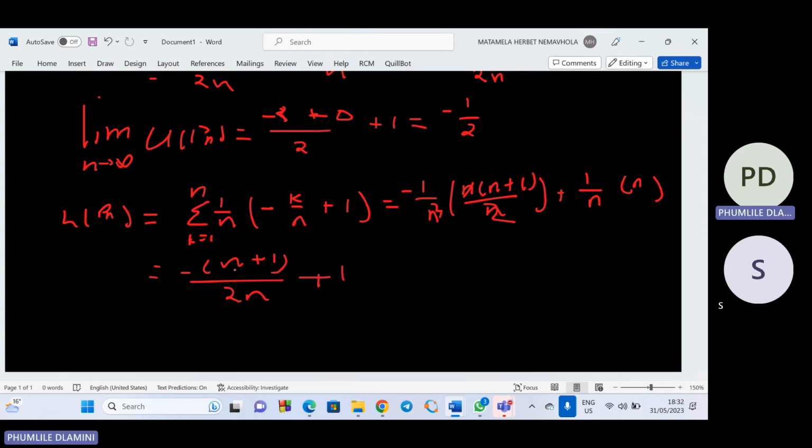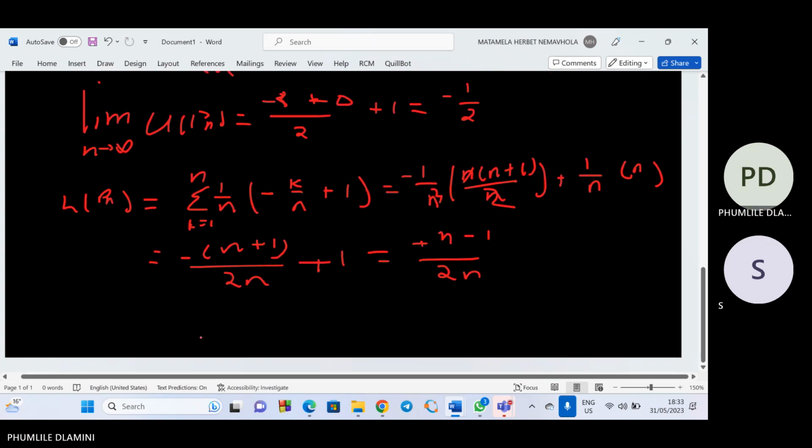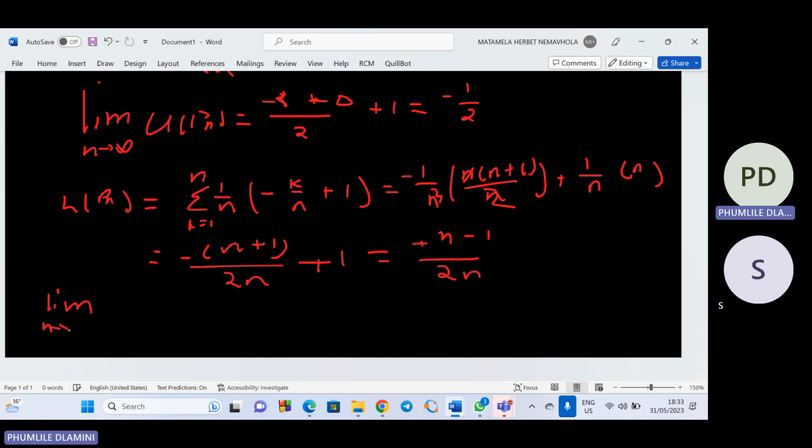So this is going to equal minus 2n, going to be minus n, not minus n, it is going to be plus n minus 1 over 2n. So if we get the limit when n approaches infinity of L of Pn, we are going to get this limit here.